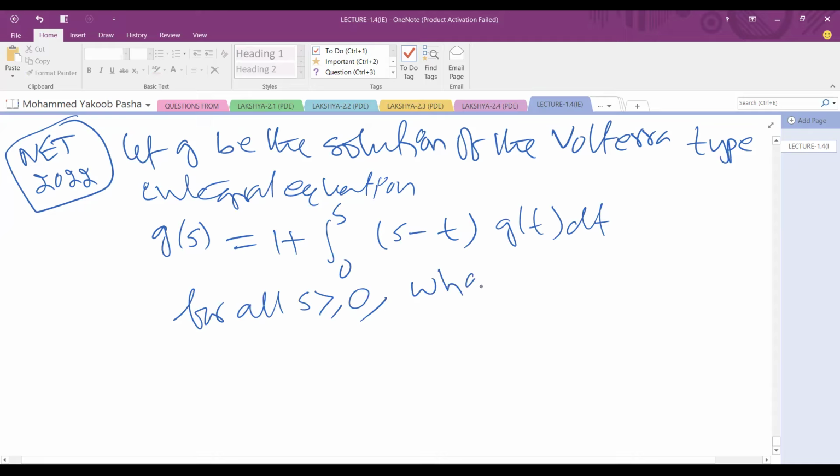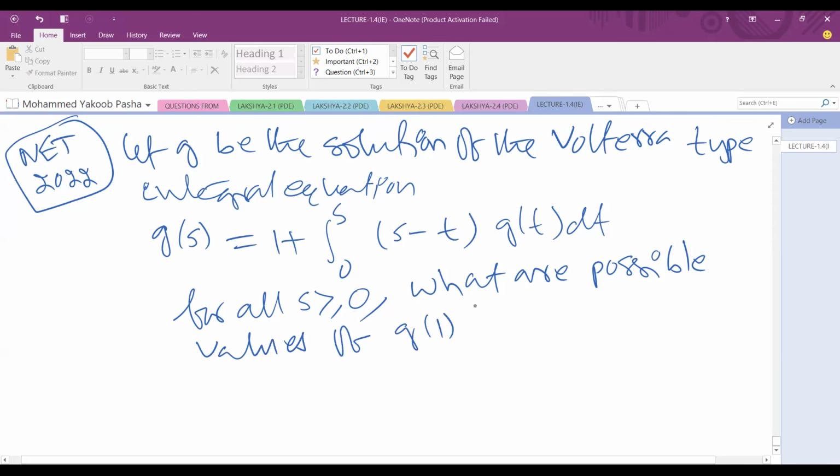What are the possible values of g of 1? ఓకే మనం కన్ఫ్యూజ్ కాకుండా ఉండడానికి g of x అనే తీసుకుందాం ఓకే ఇది ఫస్ట్ f of x value.